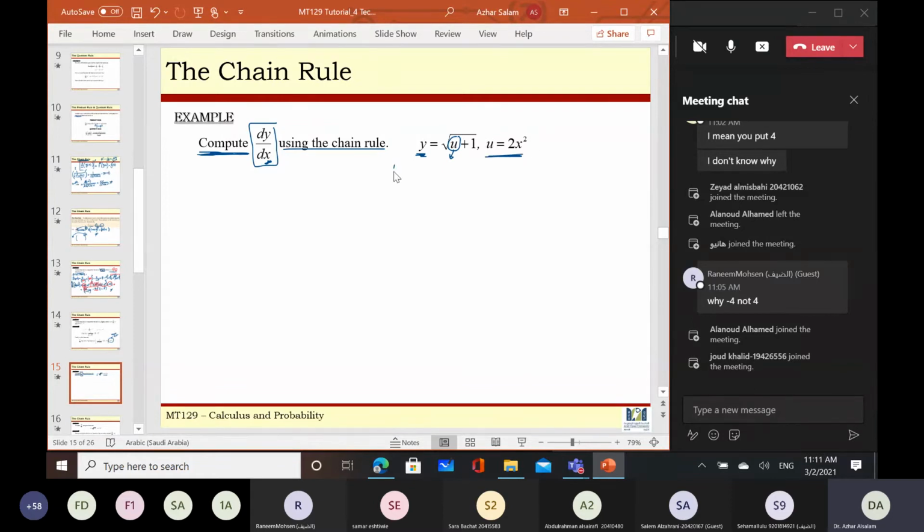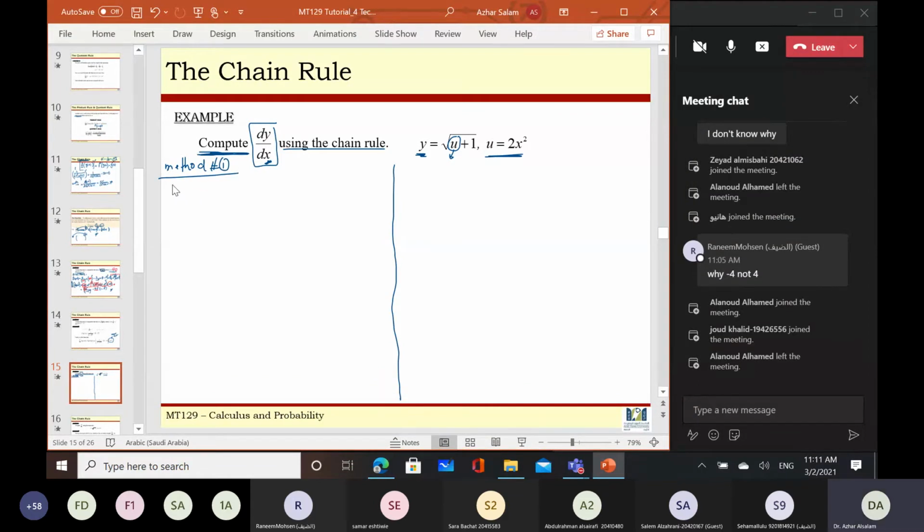So here I have actually two methods. Okay. Method number one. I can actually find the function y in terms of x.